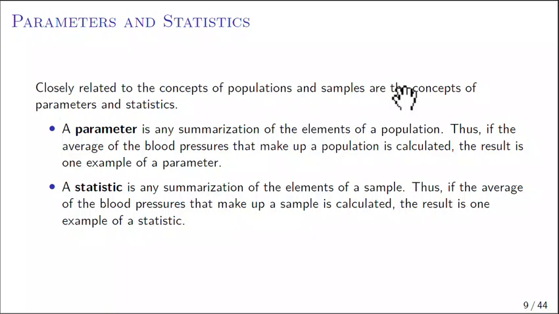Here, we consider the whole population of the United States, so each person has a blood pressure number. Then we add all, I think over 0.3 billion numbers together and divide by the total population. That's what we mean by the average blood pressure. So this average blood pressure is a parameter.